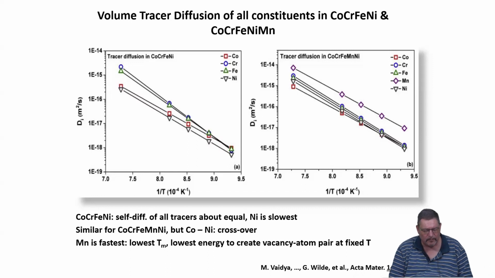And so it's also expected that the differences for the self-diffusion coefficient of manganese in the 5-component system would show the largest difference. Because of its lowest melting temperature, we would expect it at constant temperature to have the highest diffusivity. So in summary, nothing unusual.